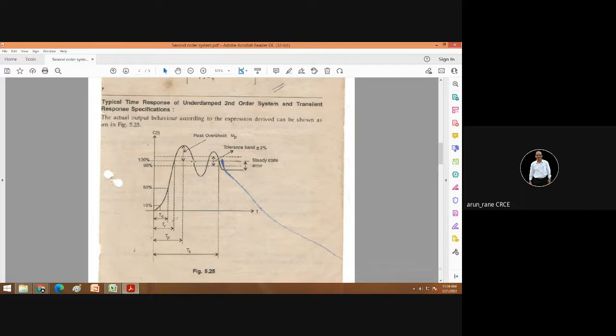This is a system which is oscillating, and after some time it achieves the stable state.